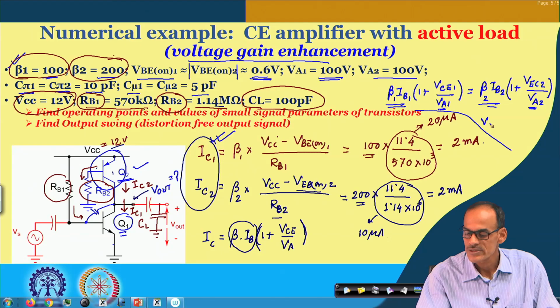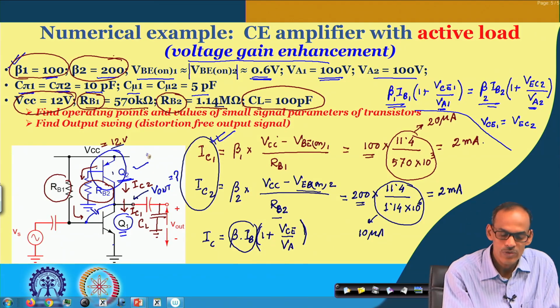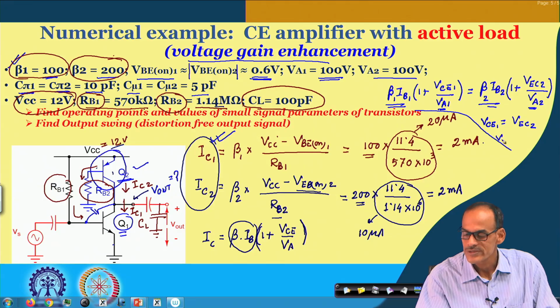So, that gives us VCE1 equals VEC2, and also we know that VCE1 plus VEC2 equals VCC.